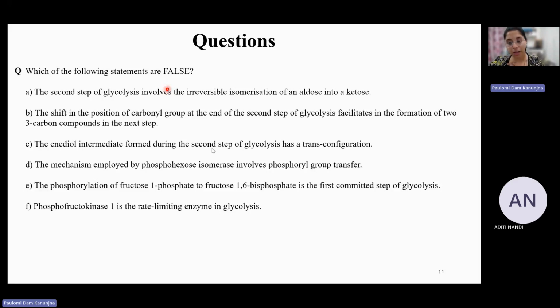Read the names of the compounds properly in the options and then select your answers.